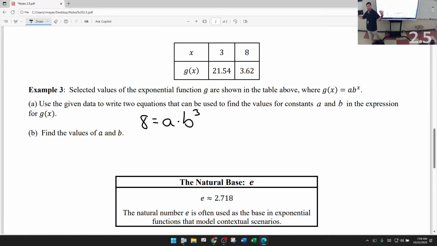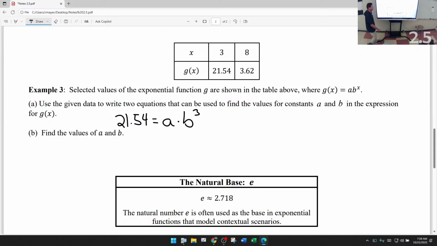Oh, I did that wrong, didn't I? See? Minus 4. 2154 is the y value. I really did that on purpose, hoping somebody caught that.